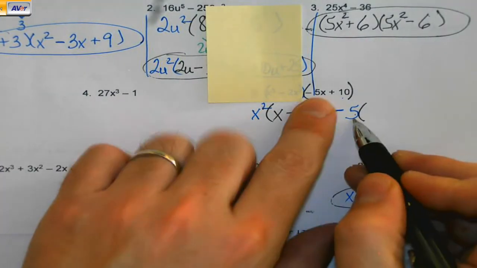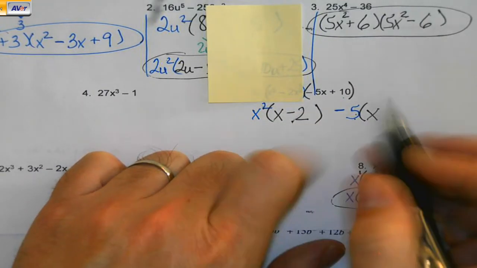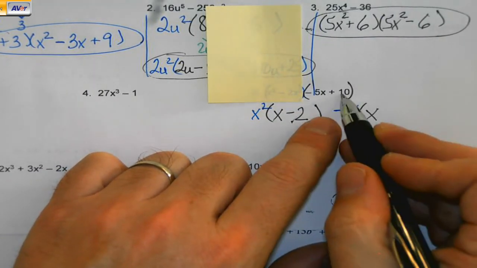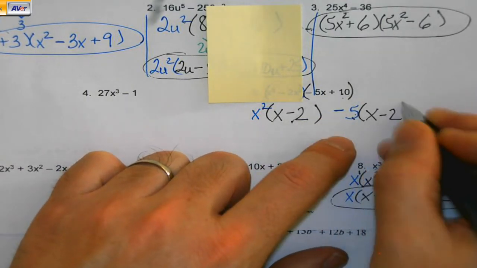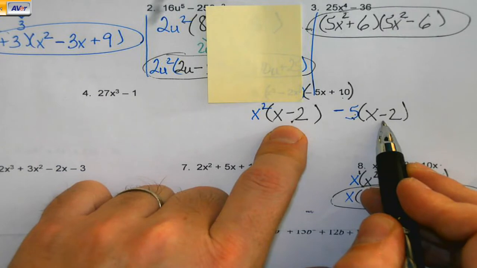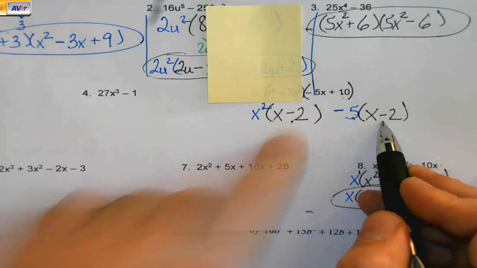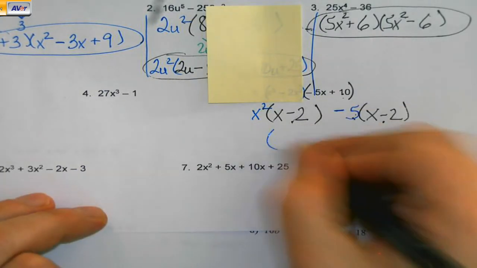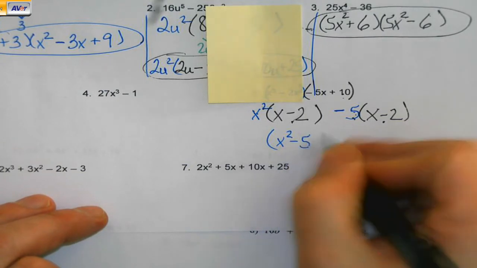Negative 5 times what gets me to negative 5x? I just need an x. And negative 5 times what gets me to positive 10? Negative times negative. Okay, the parentheses are the same. That's what I'm looking for. So when I go to write my final answer, the final answer is going to be my two greatest common factors, the stuff I pulled out, my leftovers. They're going to go together.